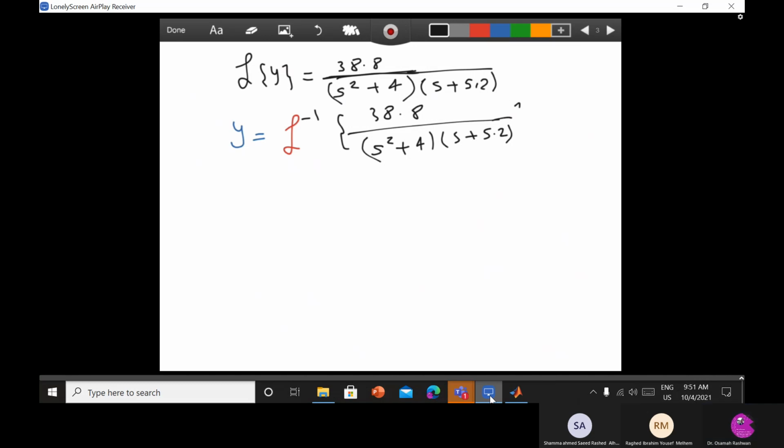Okay. Now, y, I have to do this one. How can I do the inverse Laplace transform for this one? Partial fraction. So using the partial fraction.